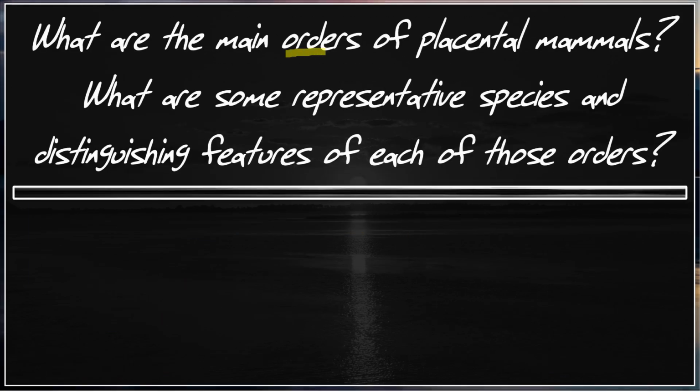What are the main orders of the placental mammals? What are some representative species and distinguishing features of each of these orders?